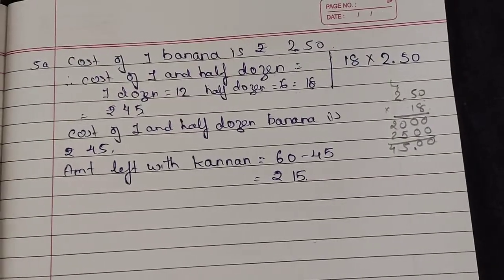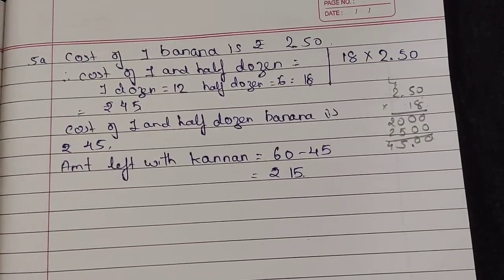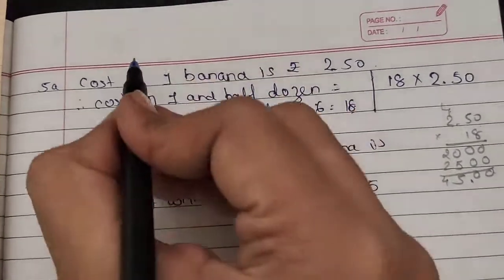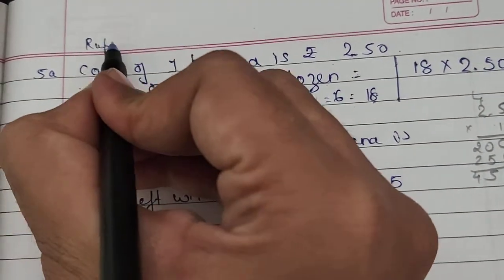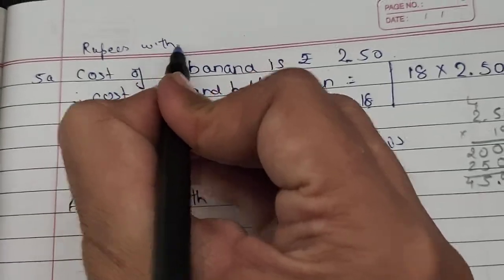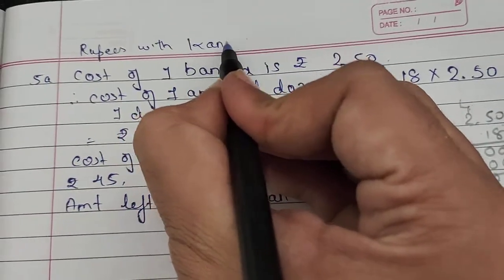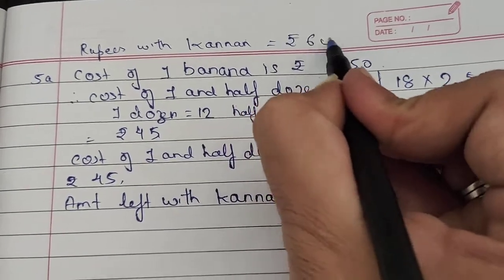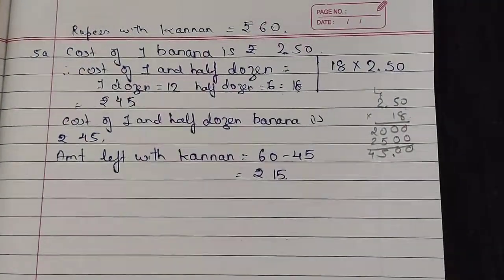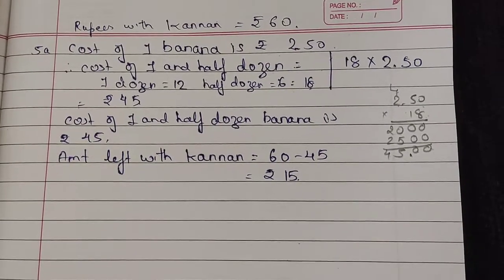Now just write down here once, the amount with Kanan is equal to rupees 60. Okay, so that you can come to know how much amount Kanan was having.